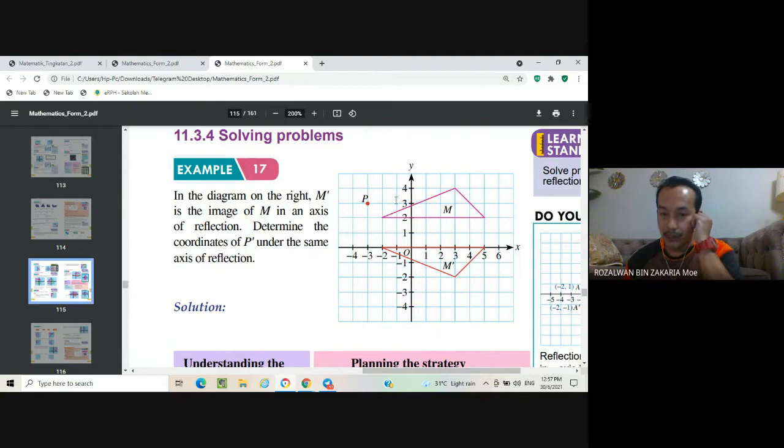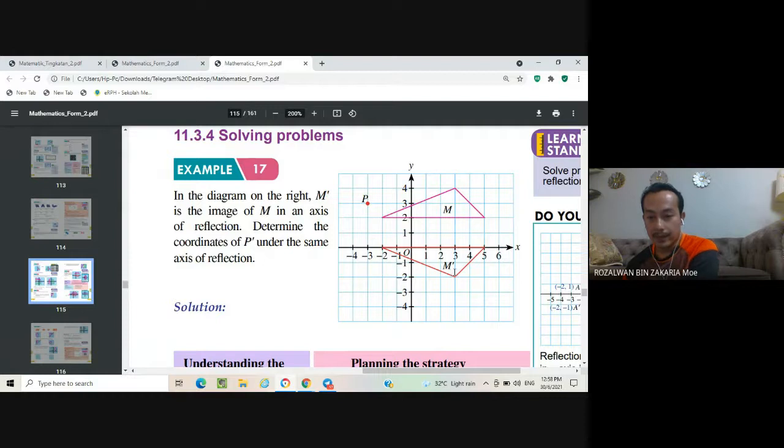So the question asks you to find the image of the point P here under the same reflection as M. To do this, firstly we have to find the axis of reflection for the object M and the image M prime. M is the object, M prime is the image. So how to find the axis of reflection?